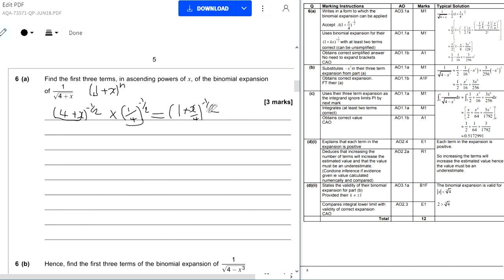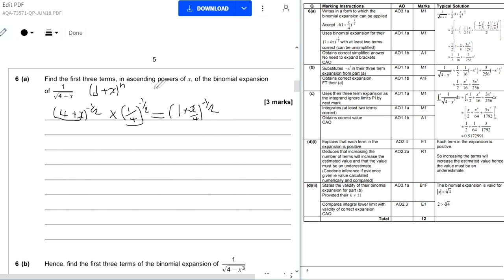So there I've got my 1, I've got my power, and then I've got x. Because even though it's x over 4, I can still substitute it in for x. So it's almost like a huge substitution.